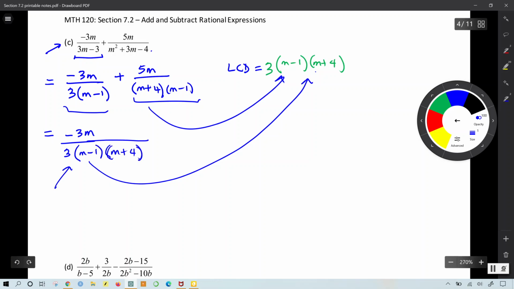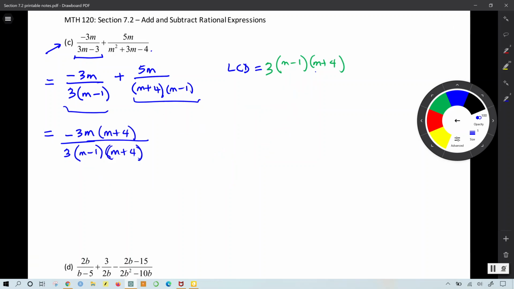Well, if we put the extra m plus 4 on the bottom, we must also put it on the top. So we have helped that fraction so that its denominator matches the LCD. Then plus 5m all over m plus 4, and then m minus 1.